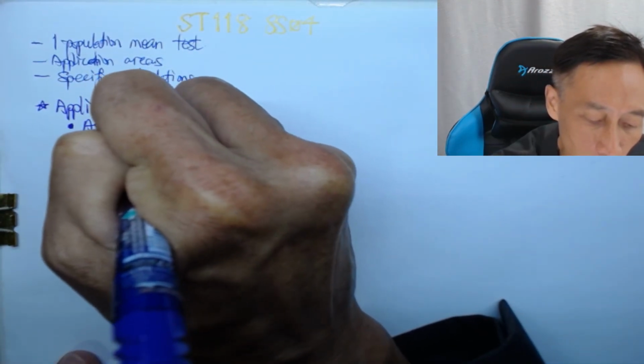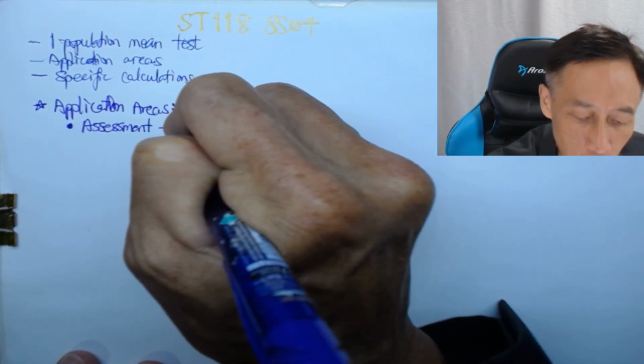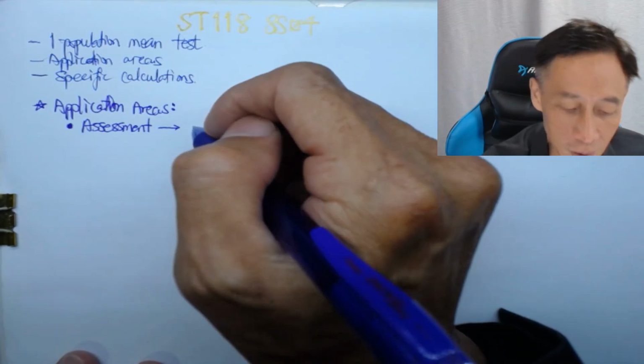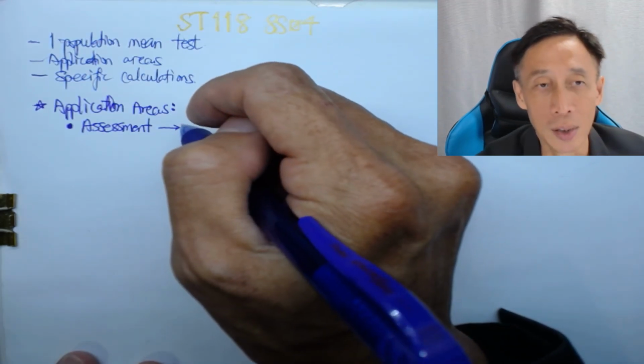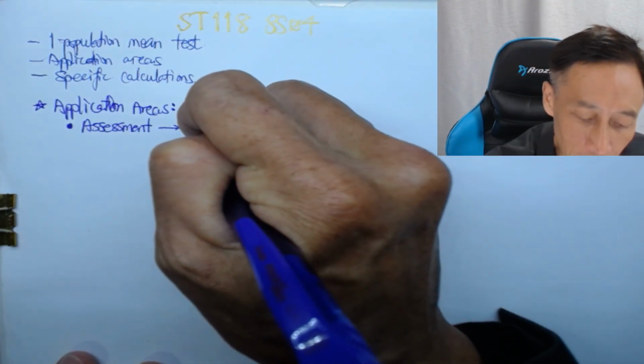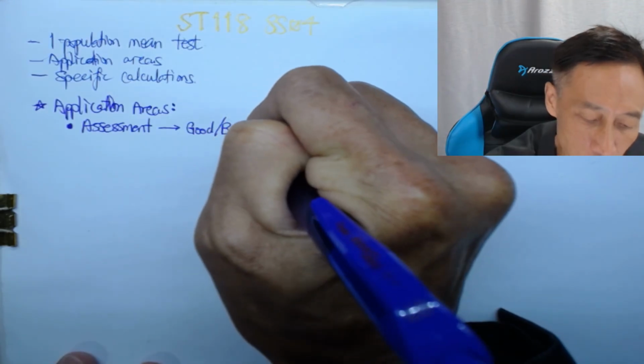Anytime you need to make assessment, you need to assess whether a person, an entity, a product, an item is good or bad, right? So it's a good bad situation.